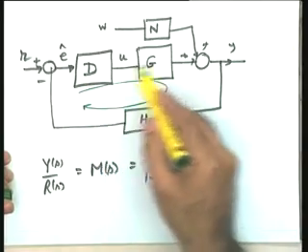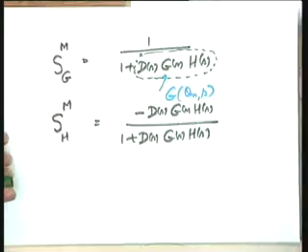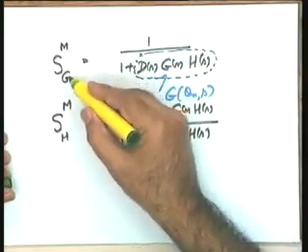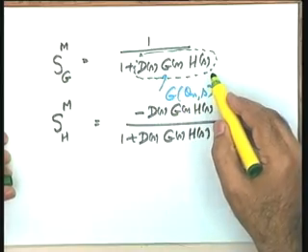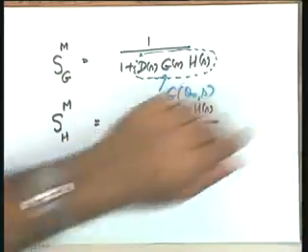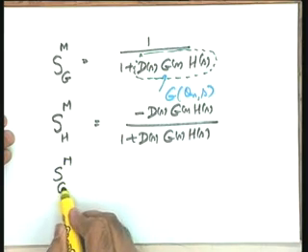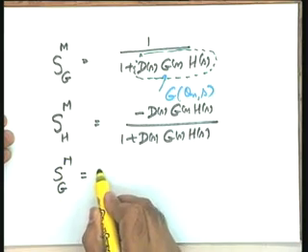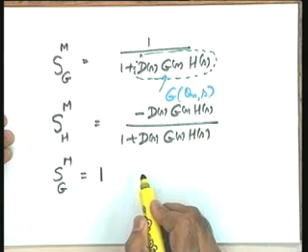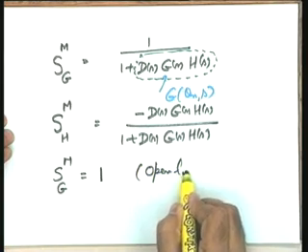And if I increase this loop gain, in that particular case I find that sensitivity of M with respect to G reduces. Okay. Now as a comparative index, it will be interesting if you keep the sensitivity of M with respect to G equal to 1 also into focus, and this is the sensitivity of the open loop system.